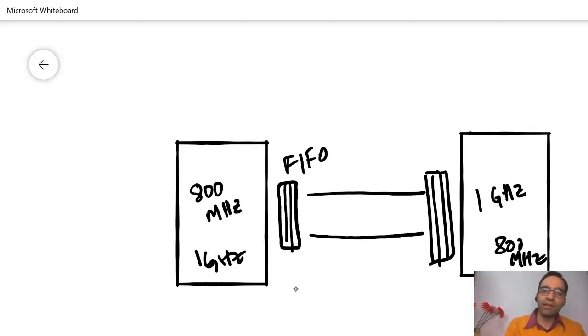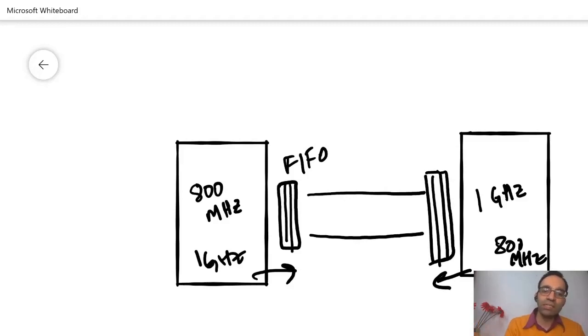Now we understand that neither of the two systems would want to communicate to the other system at the full frequency F. They want to communicate at the required frequency F, but the activity factor, or the number of cycles in which they will want to write, is not 100%. Typically, this activity factor is of the order of 0.1, 0.2 at most.